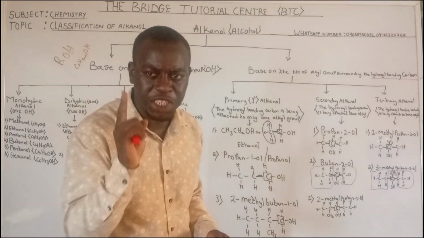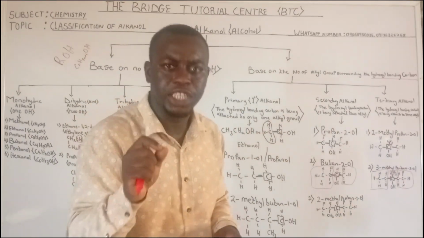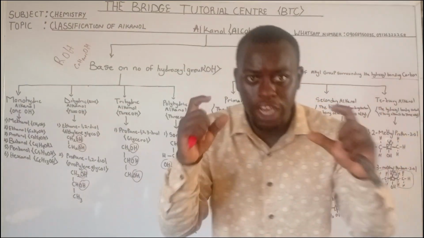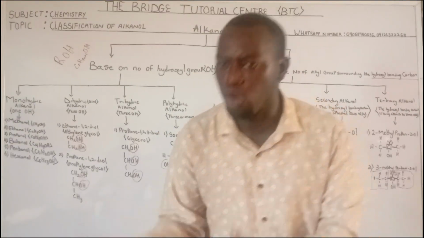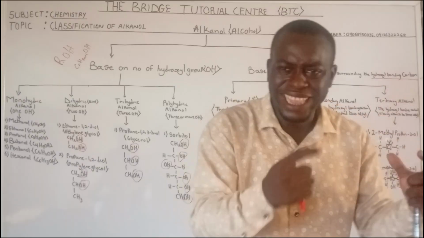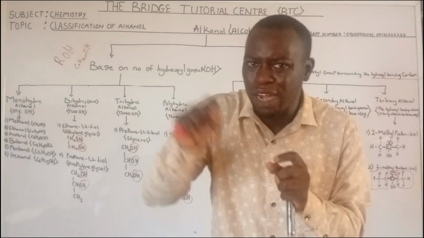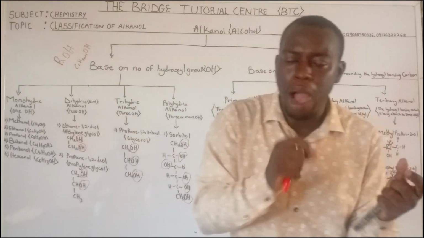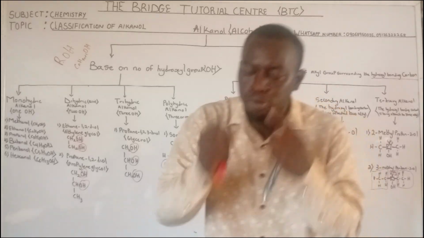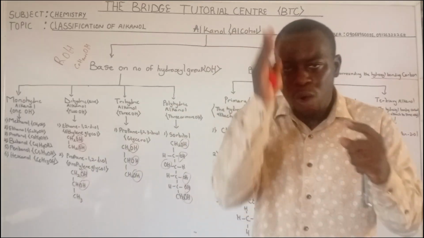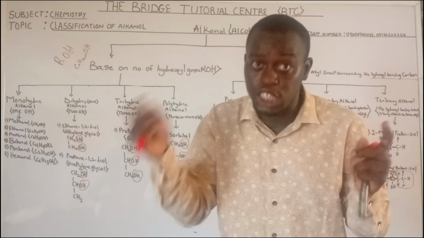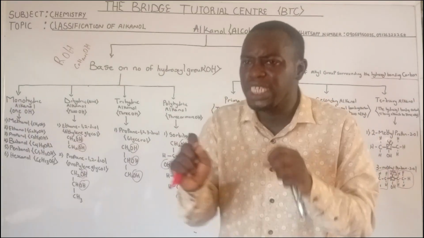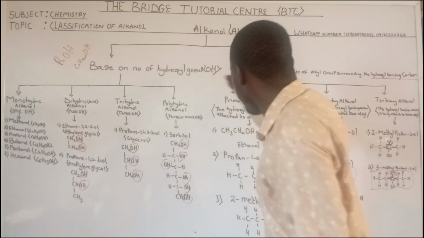And what's the trick? Once you see that your OH is on carbon number 1, you know that it is primary, like methanol, like ethanol. Ethyl-1-ol is the same thing as ethanol, propyl-1-ol is the same thing as propanol, butyl-1-ol is the same thing as butanol. Even when they didn't mention the number, the position of that OH is on carbon 1. So once you see that your OH is on carbon number 1, it is primary alkanol.